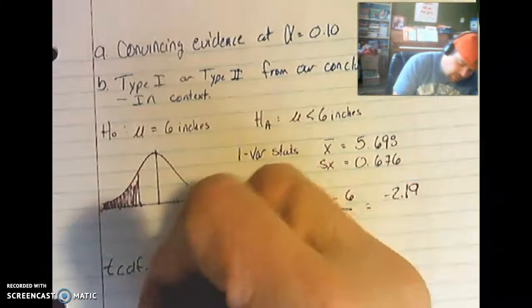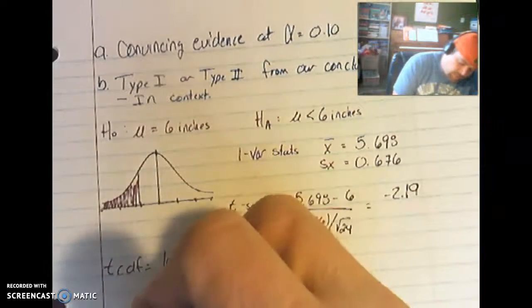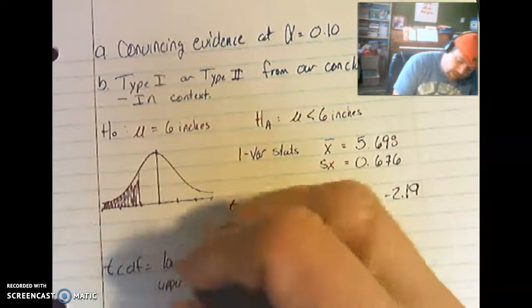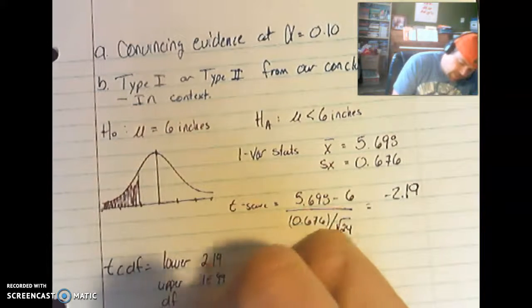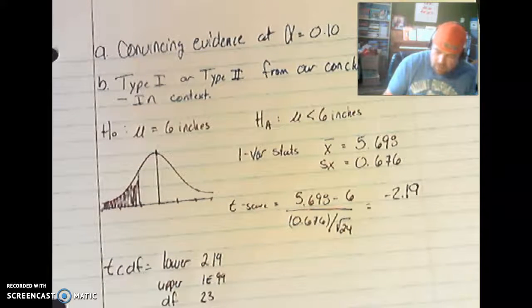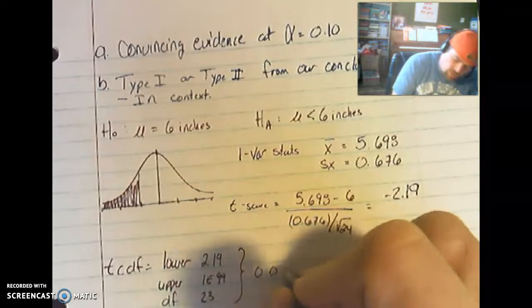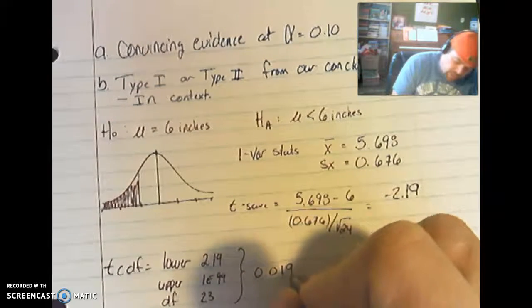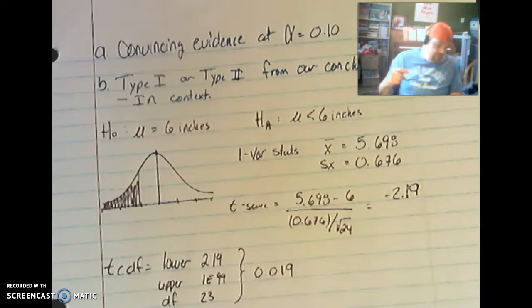So lower is negative 2.19, upper is 1E99, and my degrees of freedom is equal to 23. Then I get a p-value of 0.019.